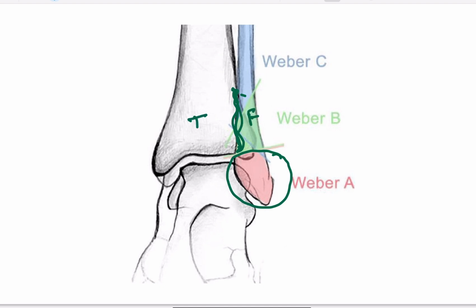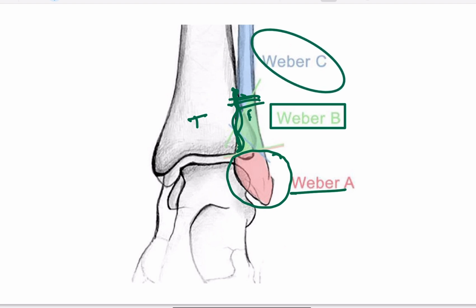Below this syndesmosis is Denis-Weber type A. At the joint level is Weber type B, and above the joint between the tibia and fibula is Weber type C. And this is very, very important because the management is totally different for A, B, and C.